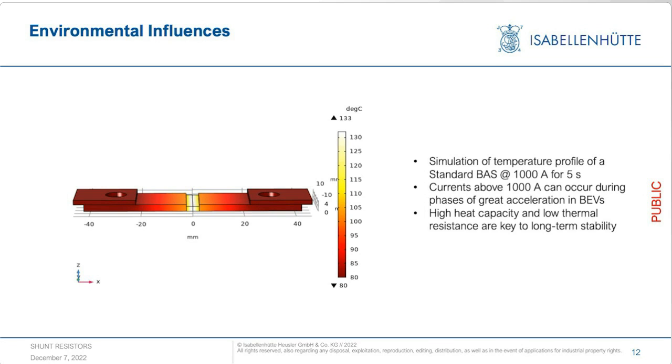The user load profiles may vary from customer to customer, both for continuous current operation as well as for short-time current pulses. The heat capacity of the shunt material and the entire shunt, as well as low thermal resistance, are key to long-term stability because a well-designed shunt avoids overheating during operation.